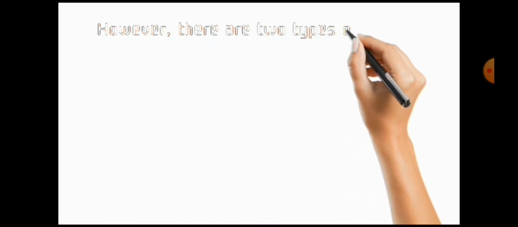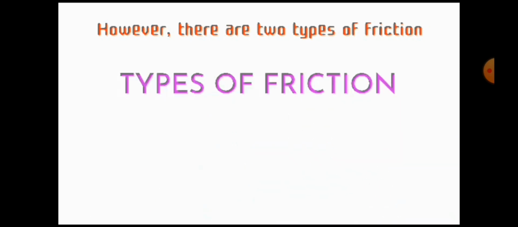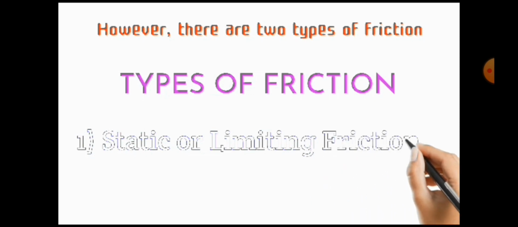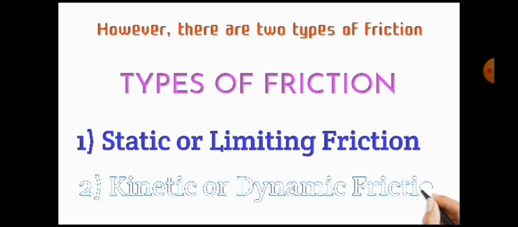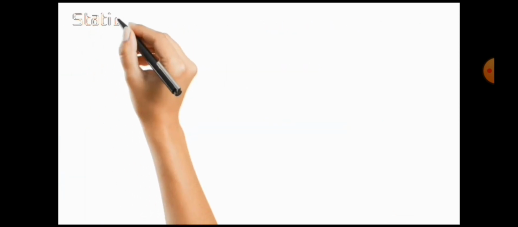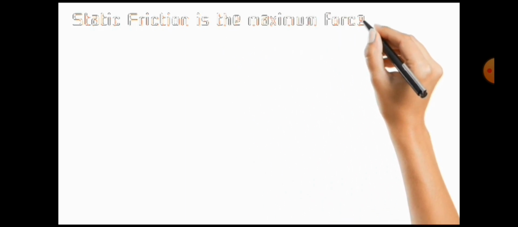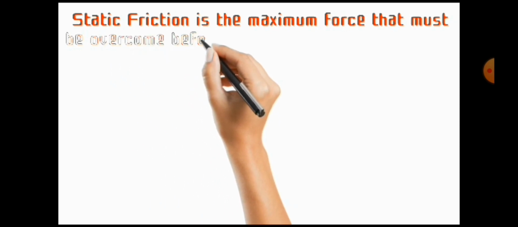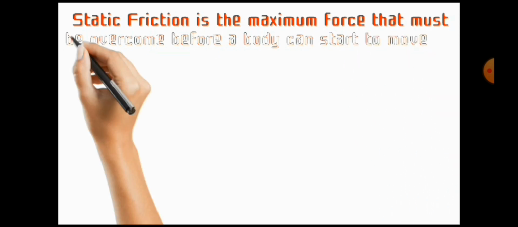Now, it's very important to understand that there are two types of friction. Number one, we call it static or limiting friction. From the word static, it shows that it's a friction experienced by a body at rest. And number two, we have the kinetic or dynamic friction. As I was saying, static friction is experienced by a body at rest. Every object has a reluctance to move. So the maximum force you must apply before a body starts to move over another body is called the static friction.